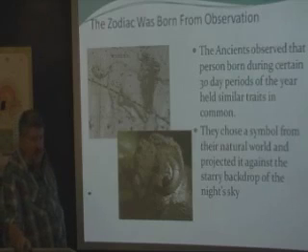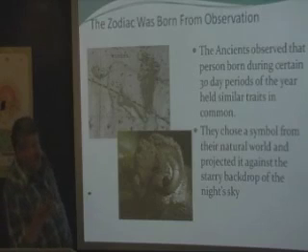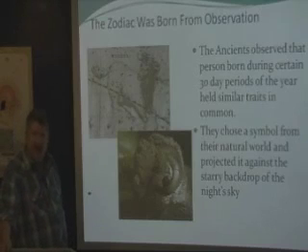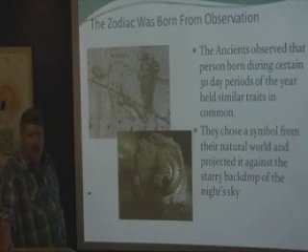So the zodiac that we work with is primarily based on those animals. And these were also the animals, if you think about it, from that homeland that had been exported around the world.